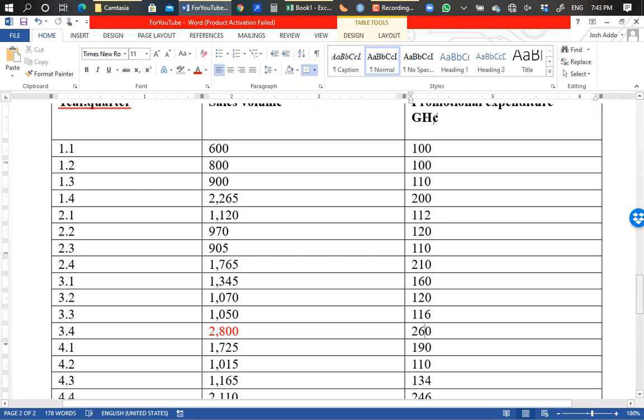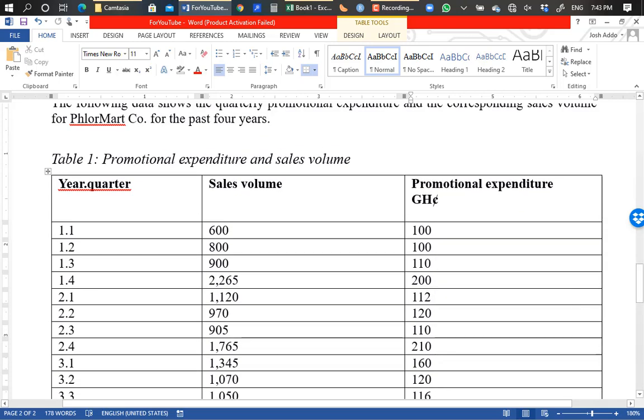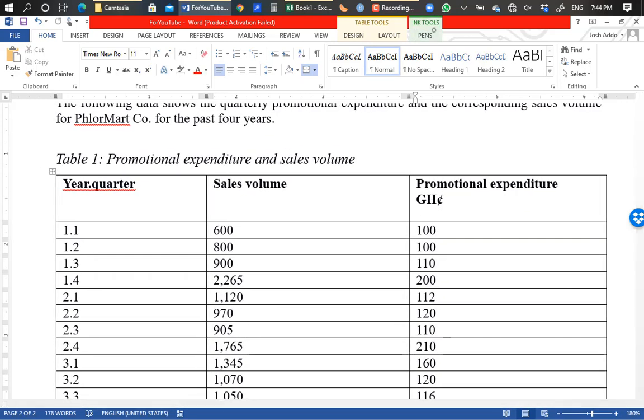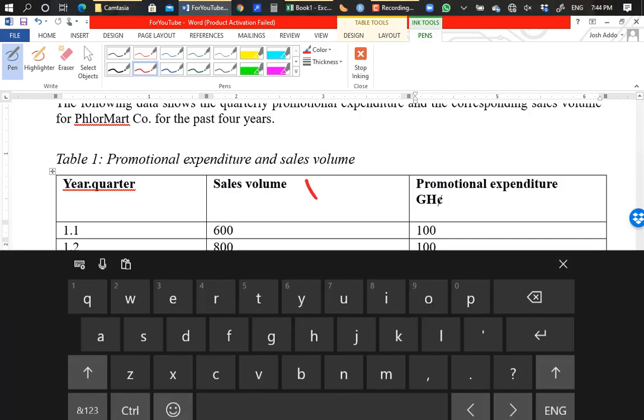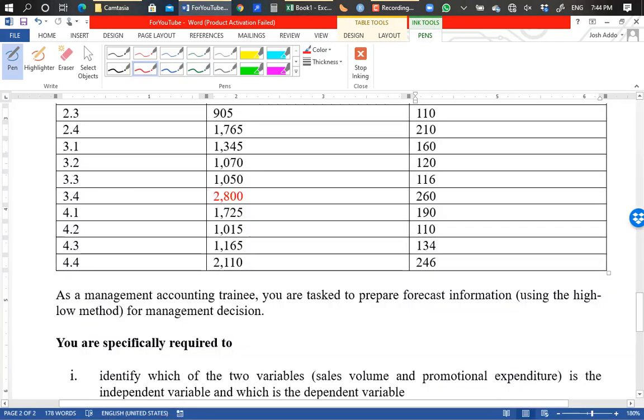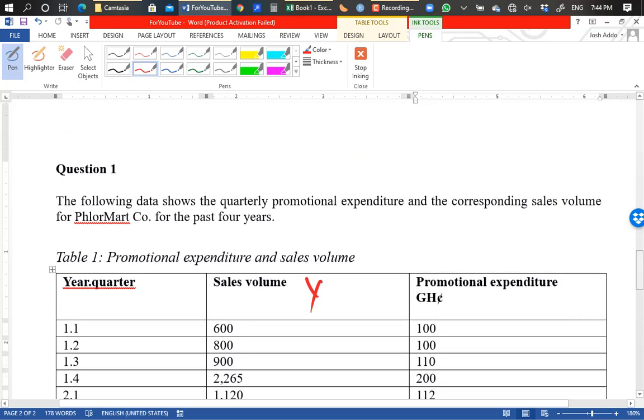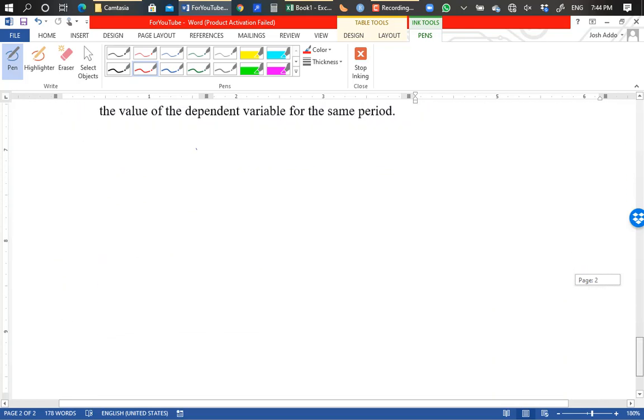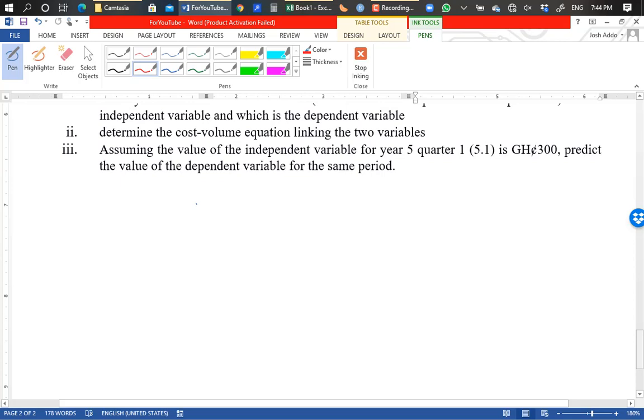The dependent variable is Y, and this will be X, the independent variable. So we'll have X, we'll have Y, we'll have the product of X and Y, and we'll have X squared. We have to calculate all these values and find the sums of each of them. And then we can use the regression formula.